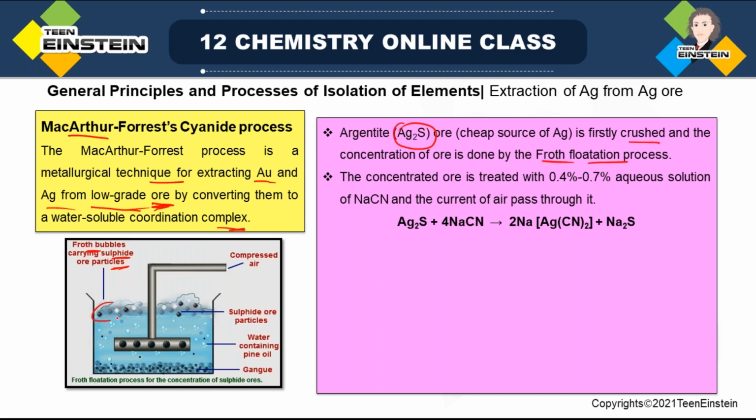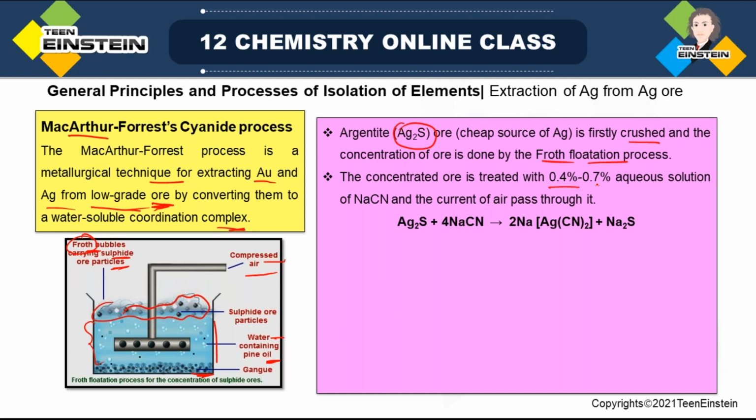So here see the sulfide ore particles that are actually above, in the form of froth, and this froth is generated by bubbling compressed air, and in the lower part there is water containing pine oil, and in this portion the impurities will remain, and see the gangue is deposited here.